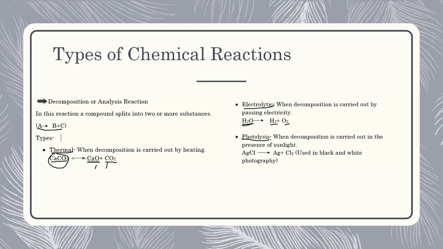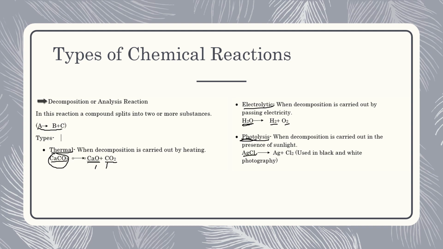Then we go to photolysis. It is the decomposition which is carried out in the presence of sunlight. As you know by the name only, photosynthesis is carried out by sunlight, and this photolysis is also carried out in the presence of sunlight. So let's see an example for it. AgCl, where Ag is silver and Cl is chlorine.